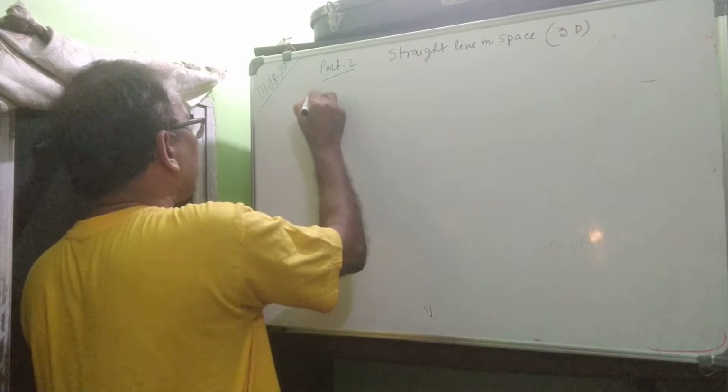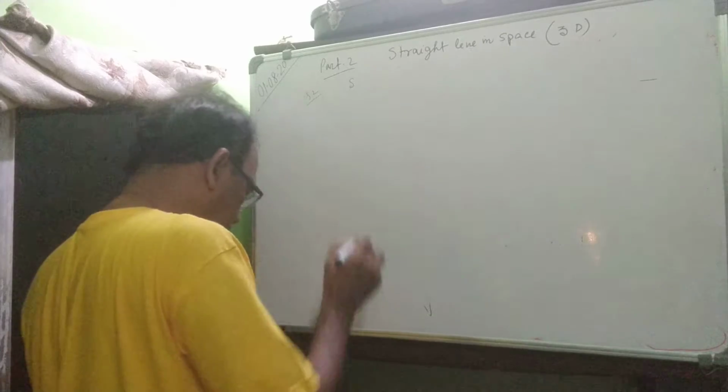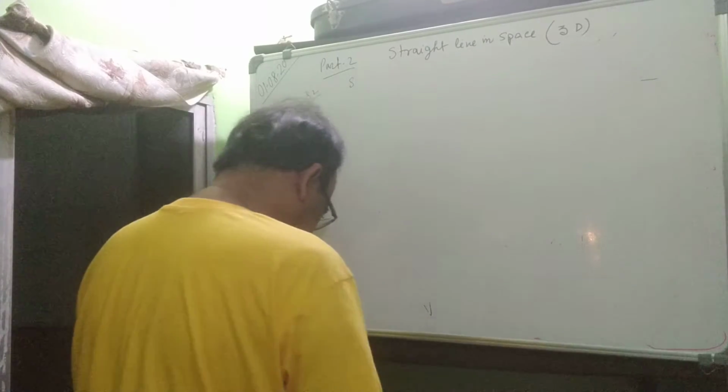Question number 2: find the shortest distance between two skew lines.